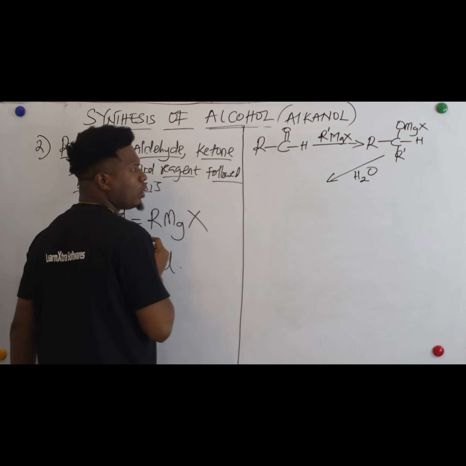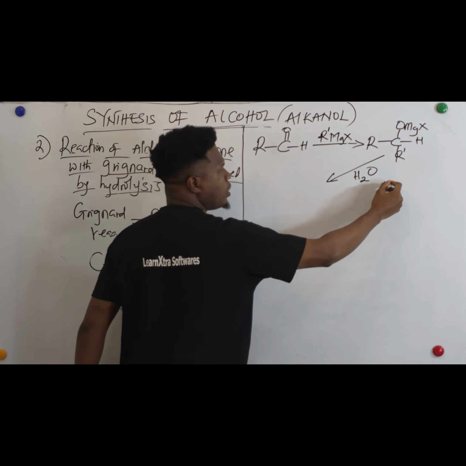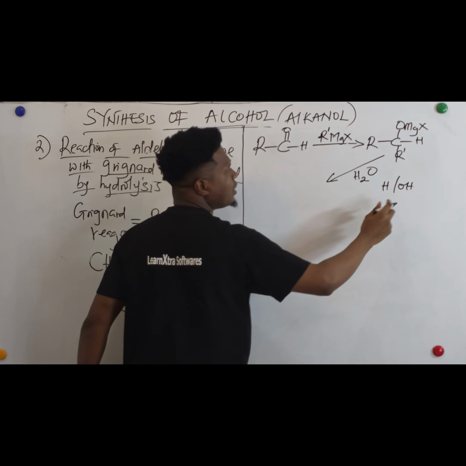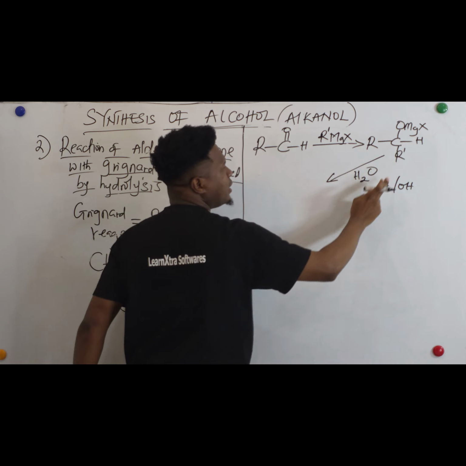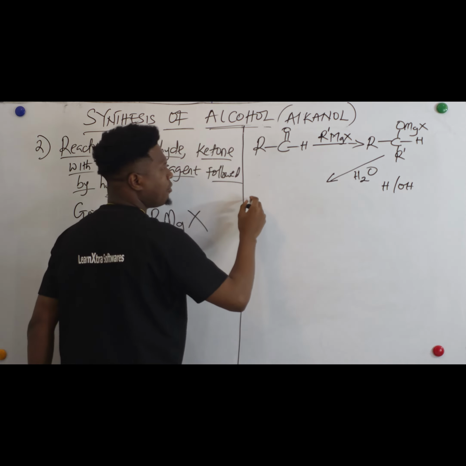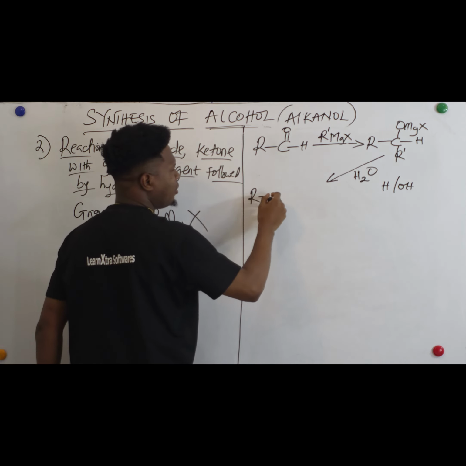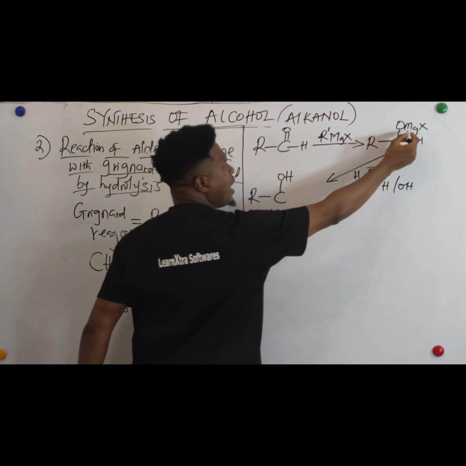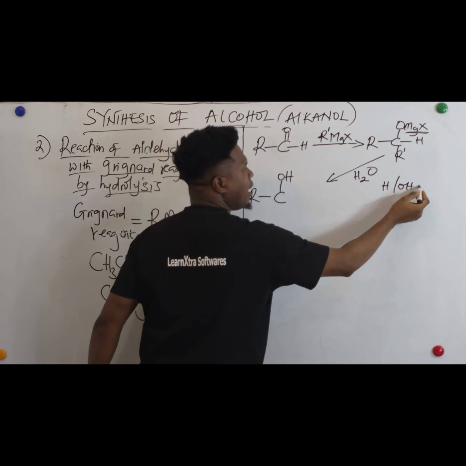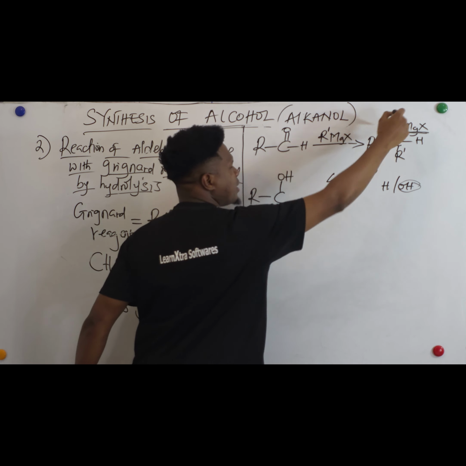When it reacts with water, water will split into H and OH. The OH will go and react with this guy, and the H will replace this guy. So we're going to have R connected to OH. This MgX will leave and react with the OH, so H will replace it.